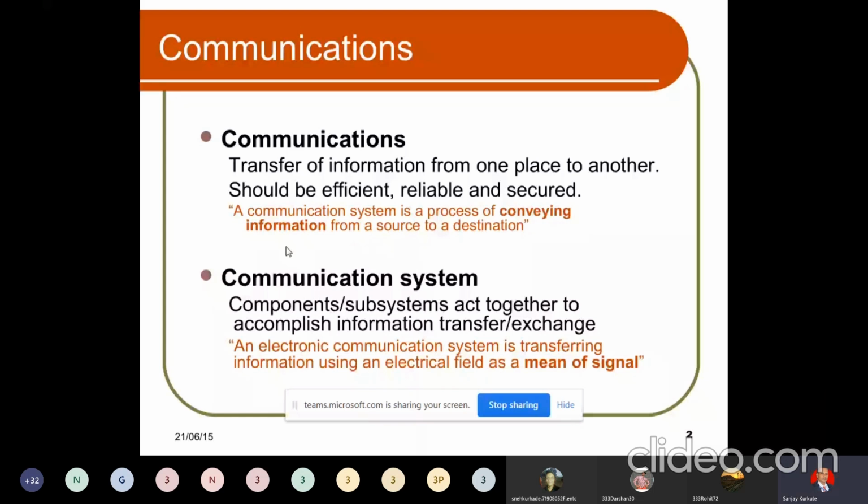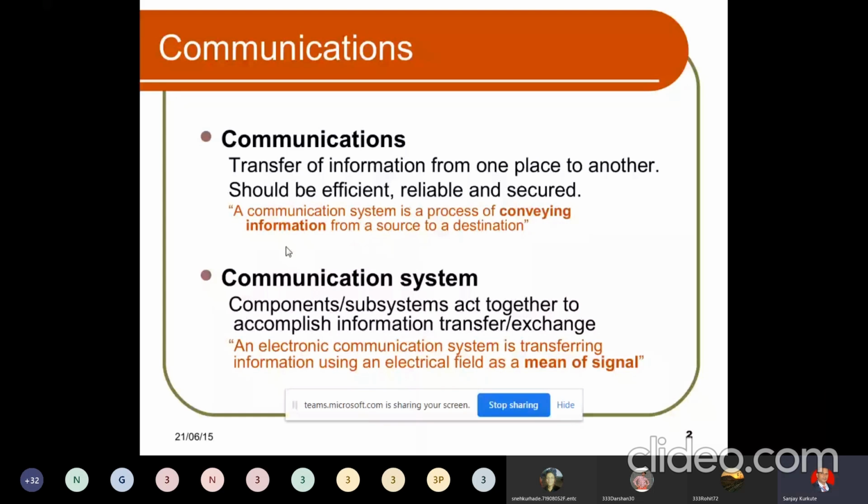That is a very common and simple definition, so don't worry about that. For designing of communication system, we must have idea about the source and destination, and in between there is communication, transformation of information.